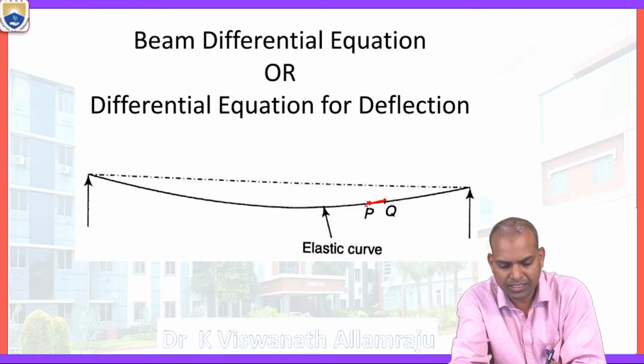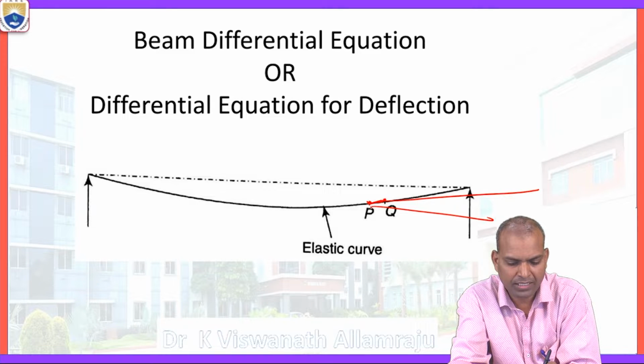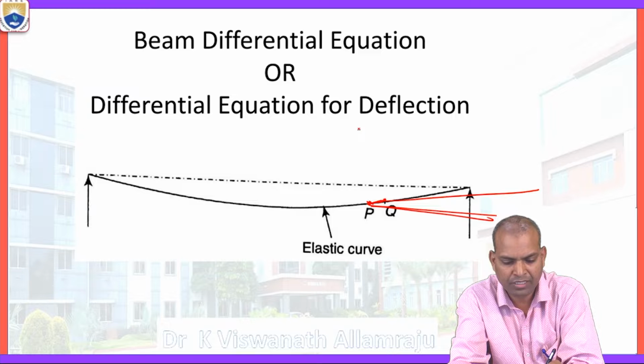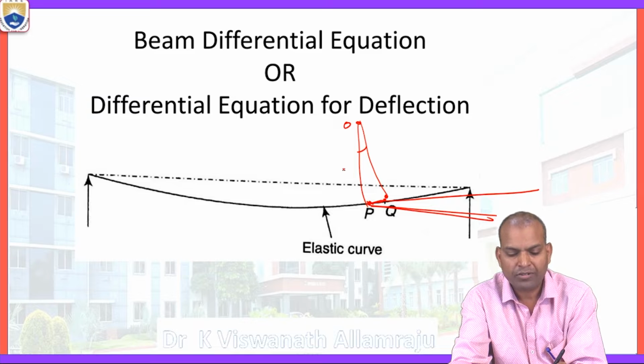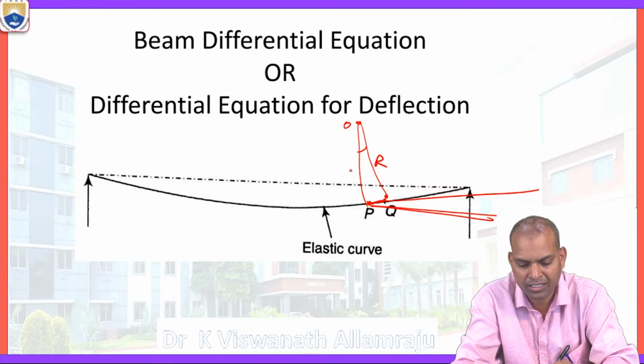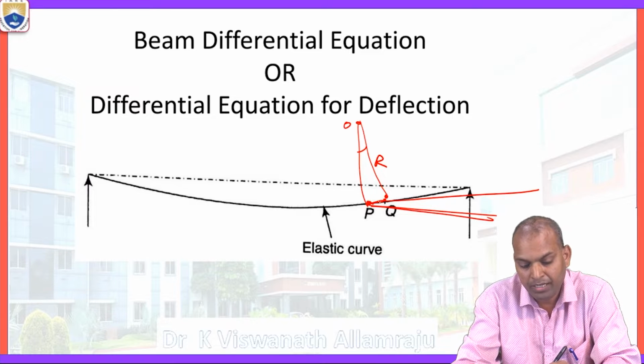If you draw the tangents, and then draw the normals to these two tangents, the normals will intersect at point O. The radius of curvature is R. The length of the element PQ is ds.